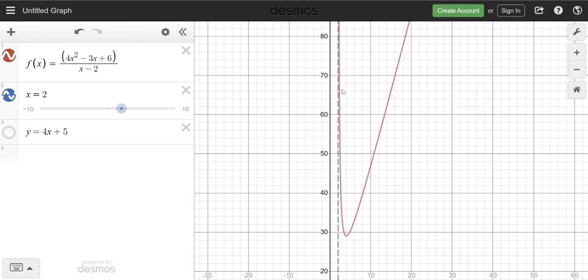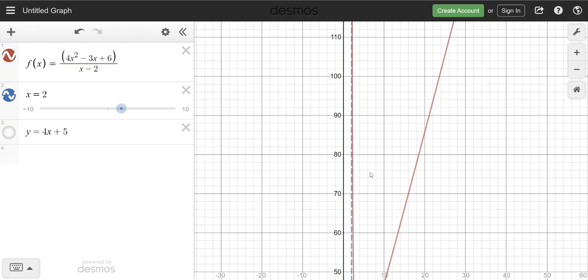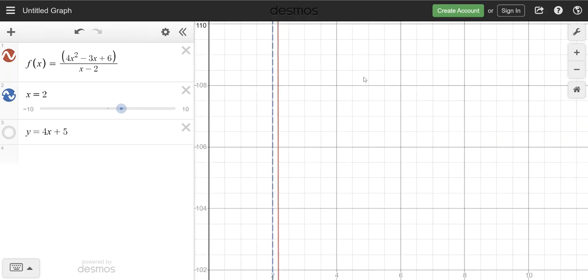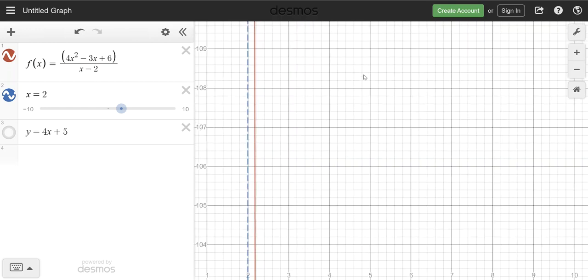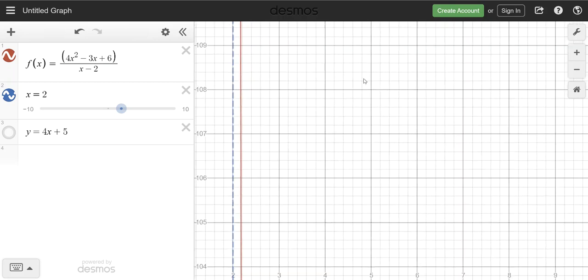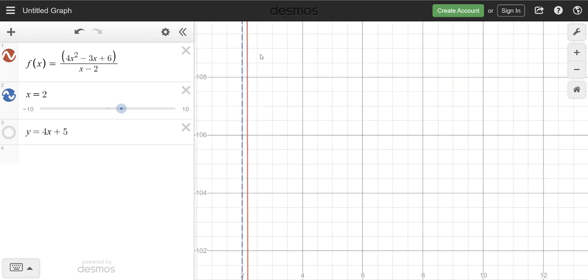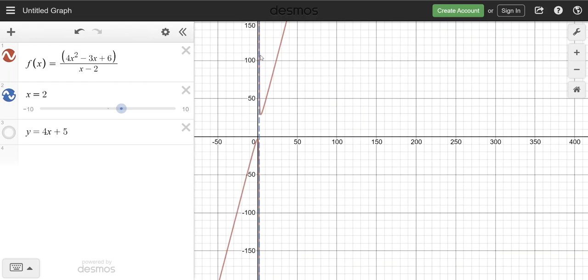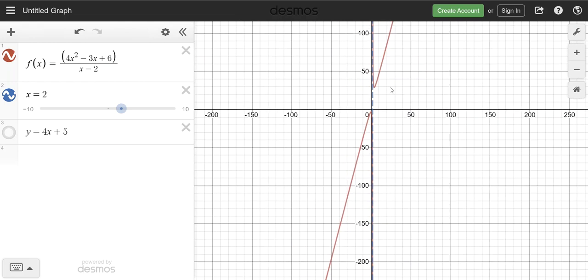If you go way up and zoom in far enough, you'll see it's getting close, but it's not yet touching. We're up to 108, and we're still not touching. It will go closer and closer, but it does not touch. So x equal to 2 is an asymptote.